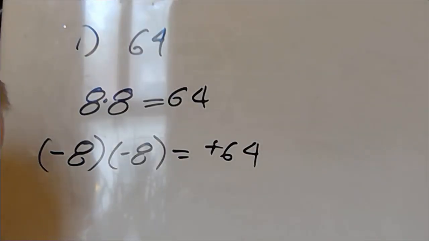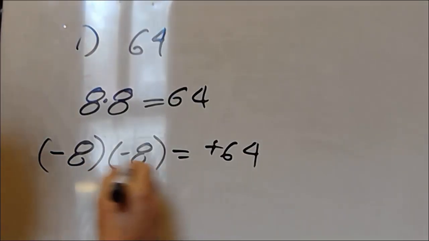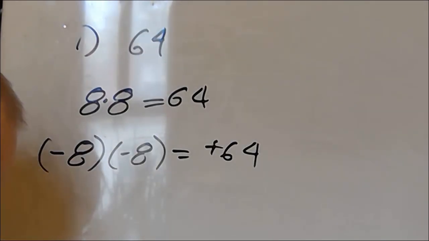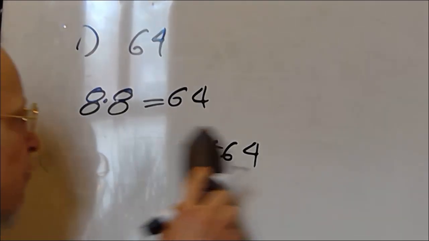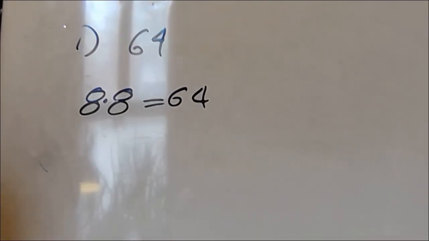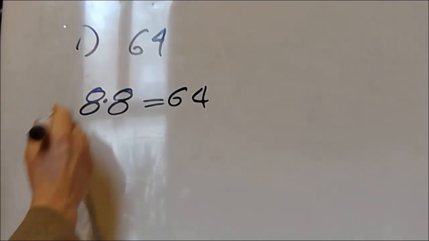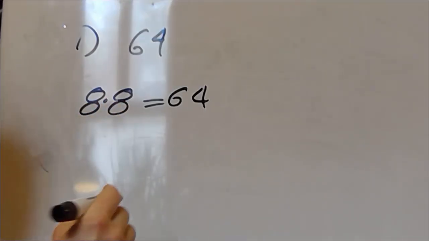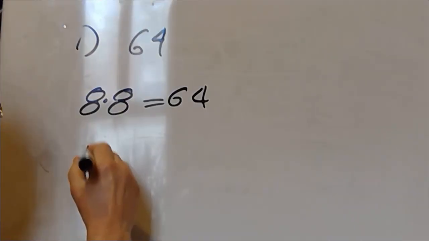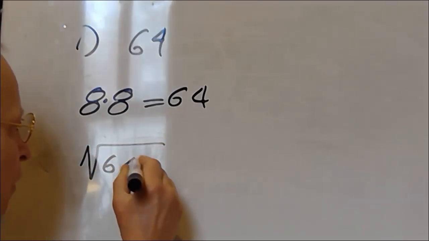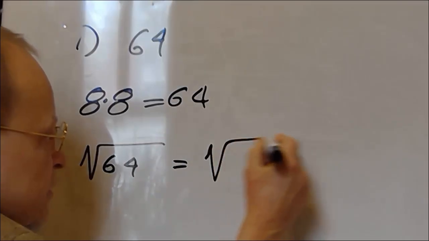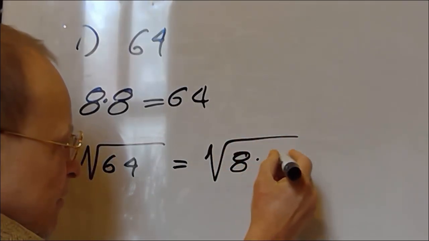But the thing is we don't look at this one, and the reason is because by definition, it has to be non-negative. So we forget about this one, and we're just going to look at this one. So if we do the square root of 64, that's equal to the square root of 8 times 8.